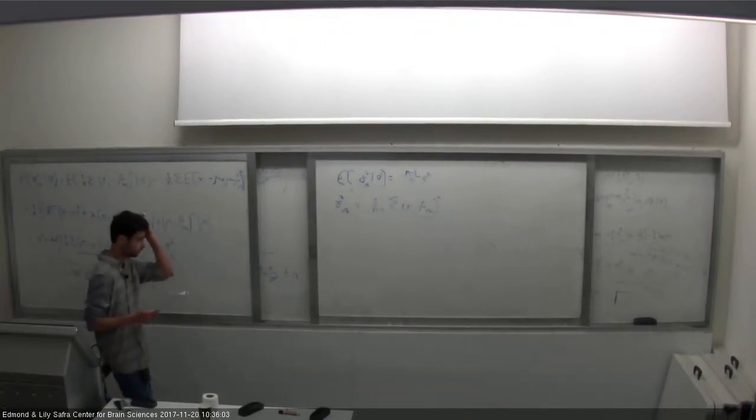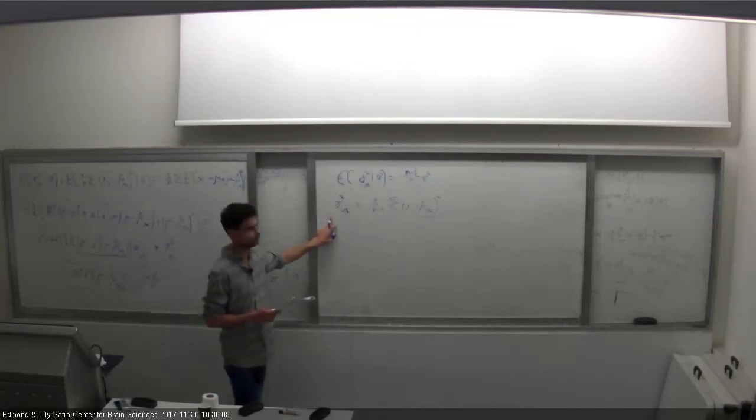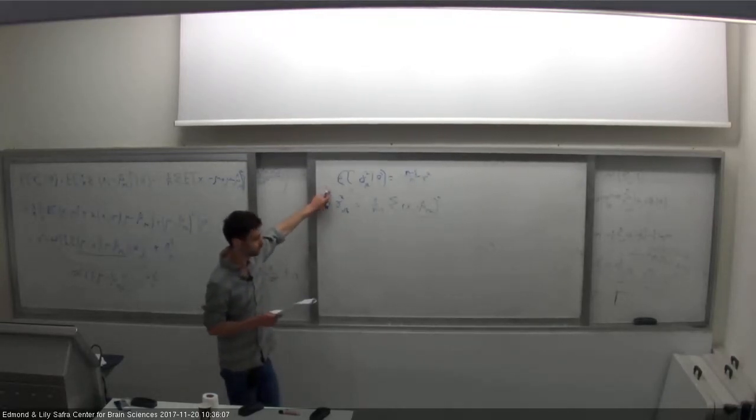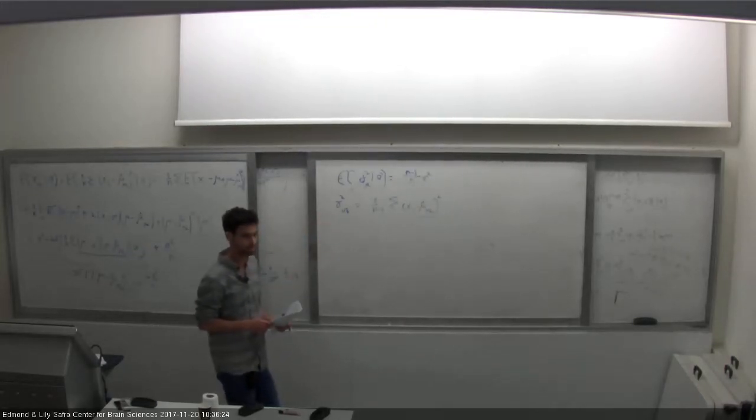So we can define this. We saw that the maximum likelihood estimator is biased, and now we can define an estimator that is unbiased. This is an unbiased estimator of what?